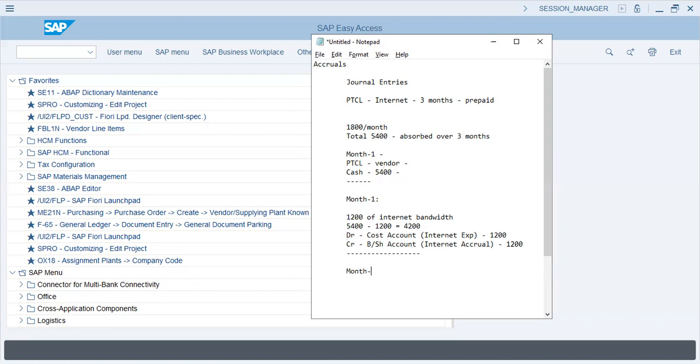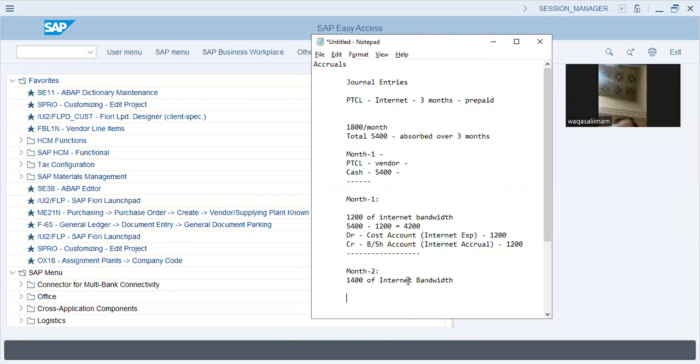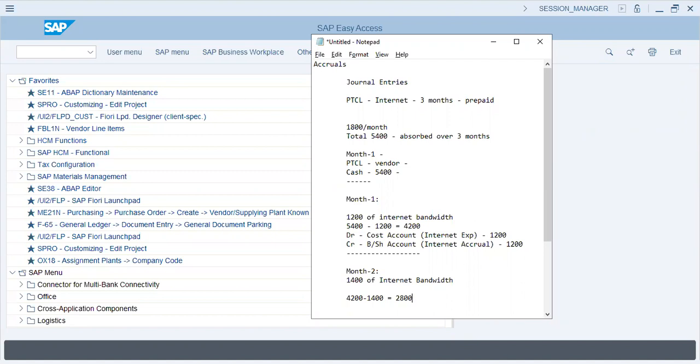Now, month two, let's say another 1400 of internet bandwidth was utilized. Okay, now what you left is 4200 minus 1400, and that becomes 2800, right?